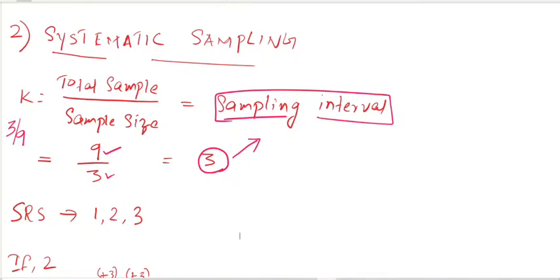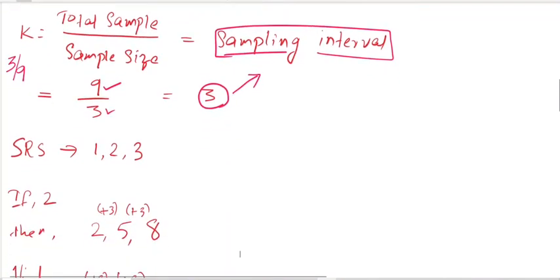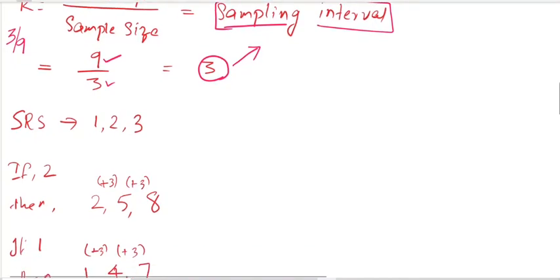So once we get the sampling interval, we need to conduct a simple random sampling between 1, 2 and 3. Suppose we get 2 out of this 1, 2, 3.